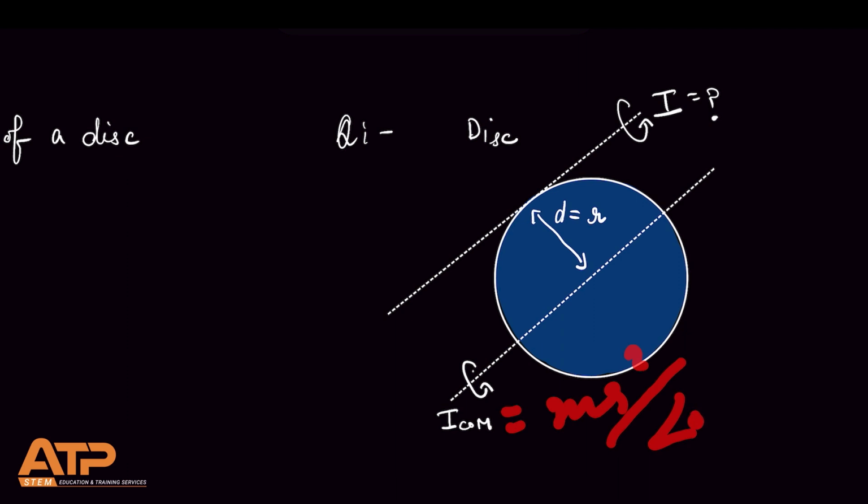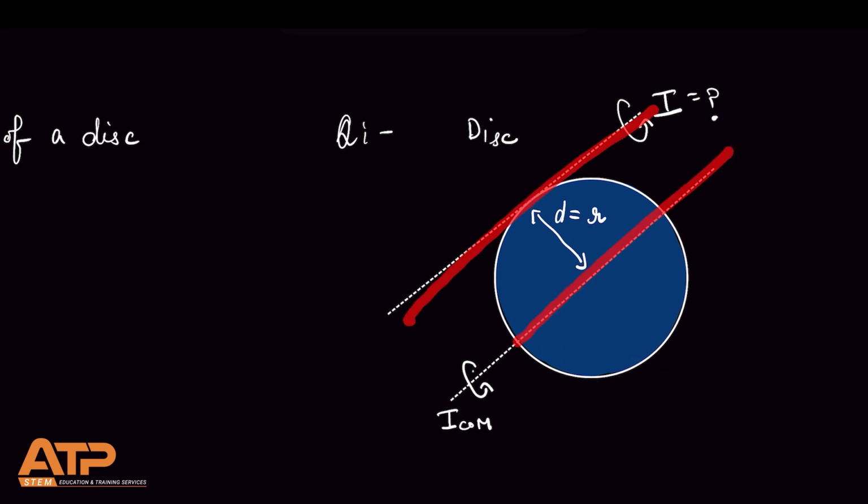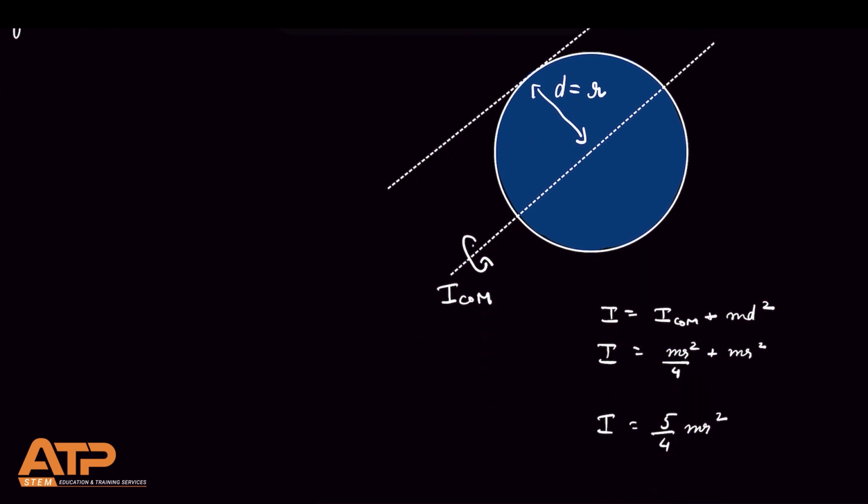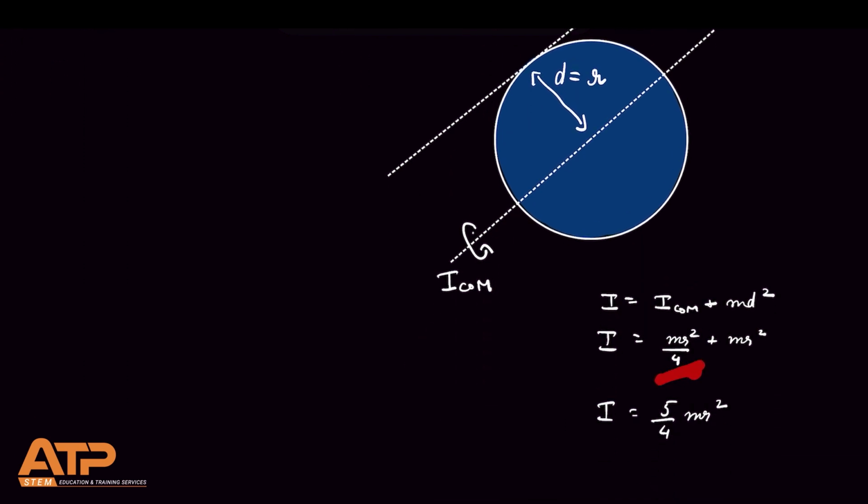MR square by 4. But in this case, these two are parallel, so we can use parallel axis theorem. Parallel axis theorem says I is equal to ICOM plus MD square, where D is equal to R. So MR square by 4 plus MR square, 5 by 4 MR square is the answer. Okay, this was all about moment of inertia.